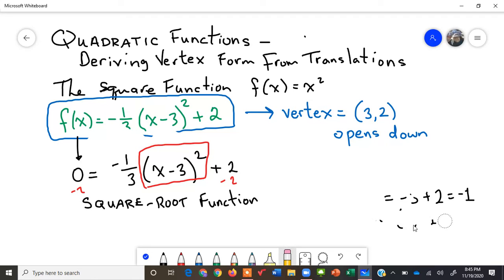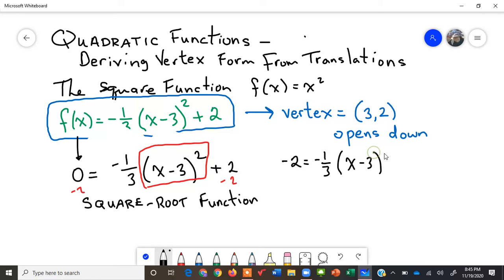That will give us negative 2 equals negative 1/3 times the quantity x minus 3 squared.